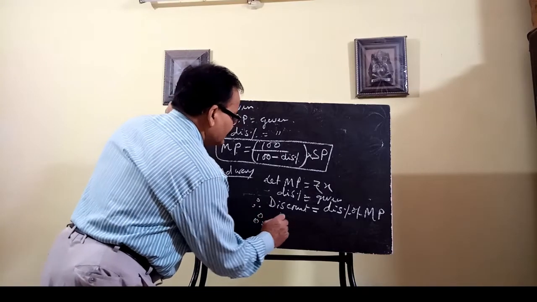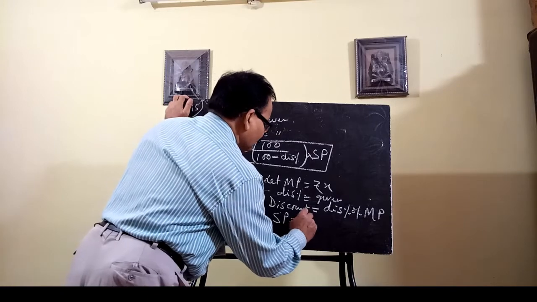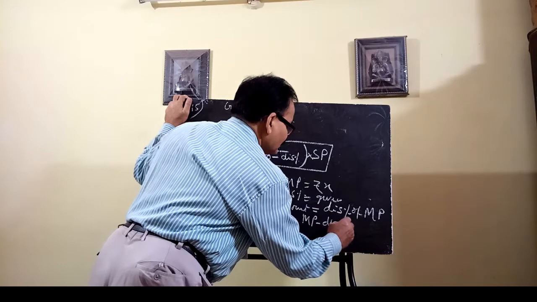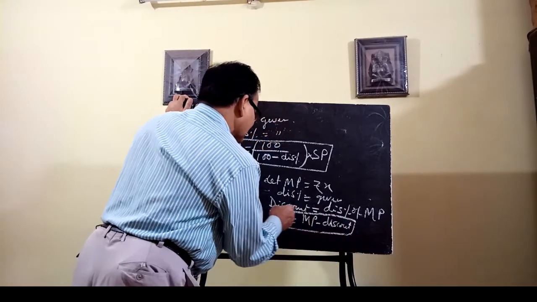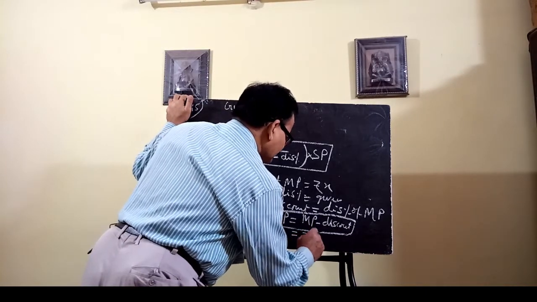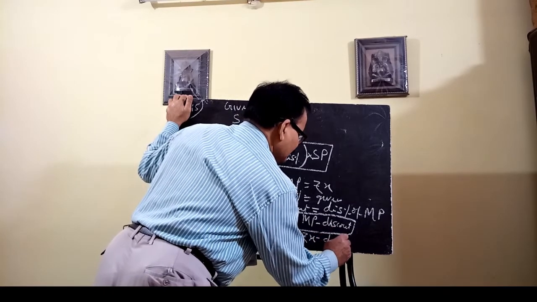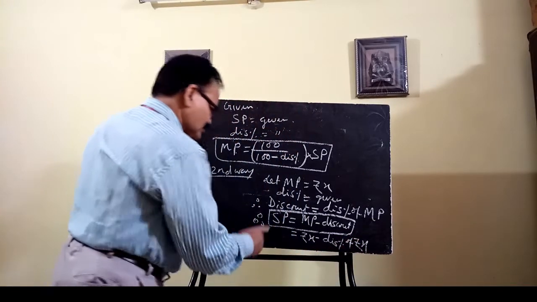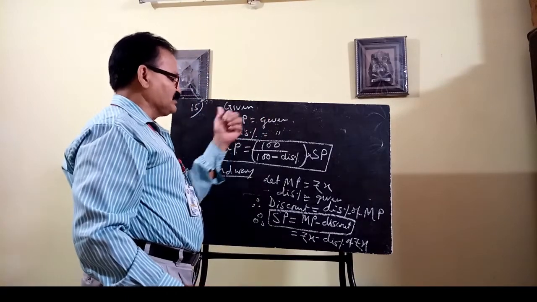Therefore SP will be equal to MP minus discount, that is rupees X minus discount percent of X. So this SP is to be equivalent to the given SP.